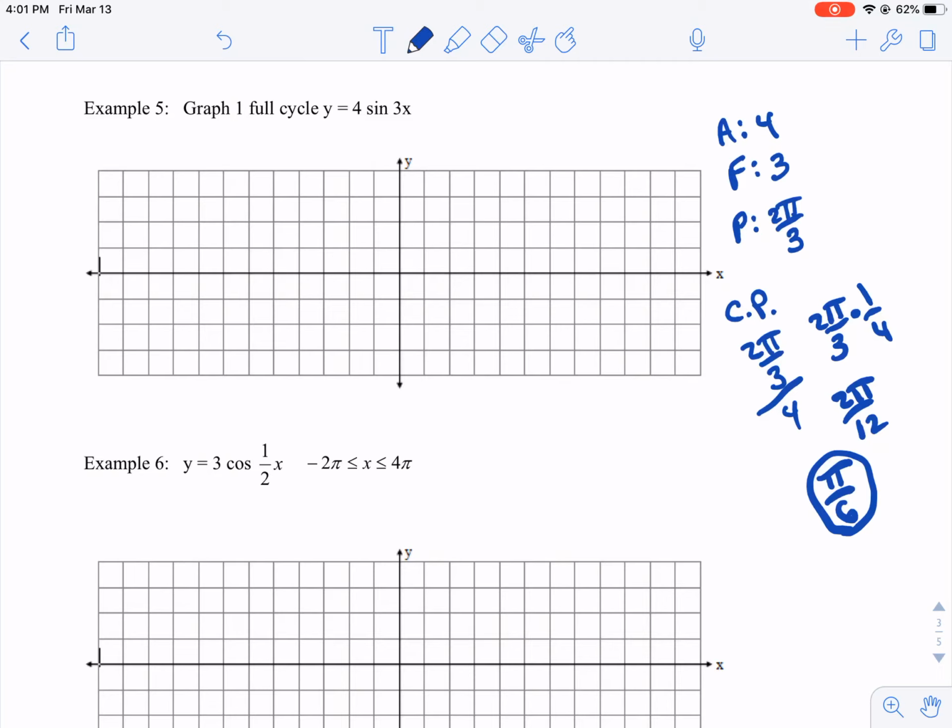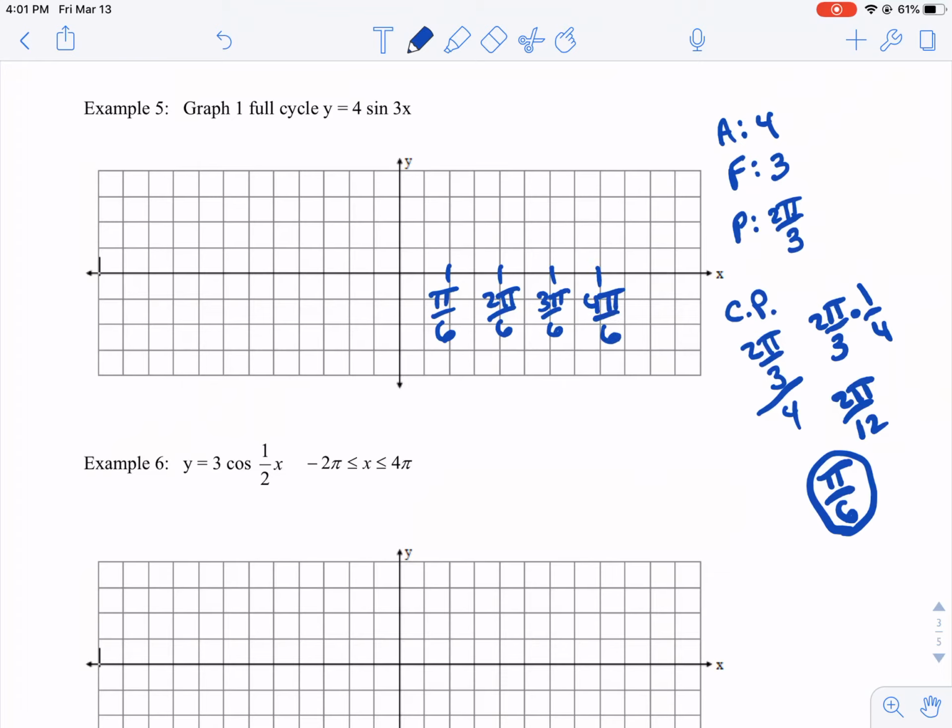It tells me to graph 1 full cycle. And I know for 1 full cycle that after 0, I only need to graph 4 more points. So I'm going to label by going 1 pi over 6, 2 pi over 6, 3 pi over 6, and 4 pi over 6.